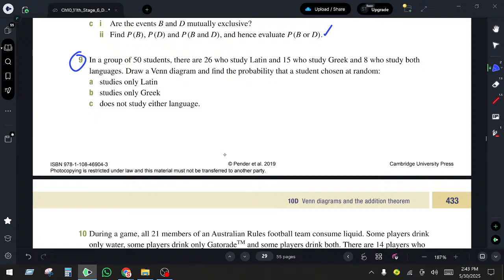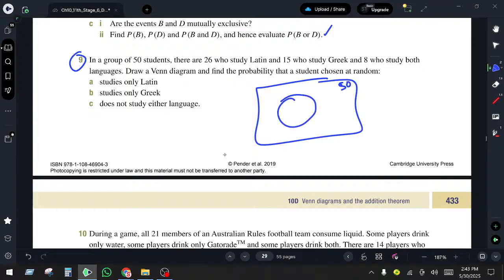So there are 50 students. 26 study Latin, 15 study Greek, 8 study both. So here it is 8. Then 26 minus 8 is 18. And already 8 has come, there are 15, so this is 7.